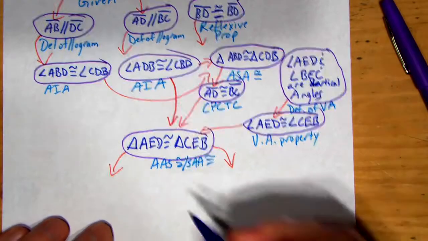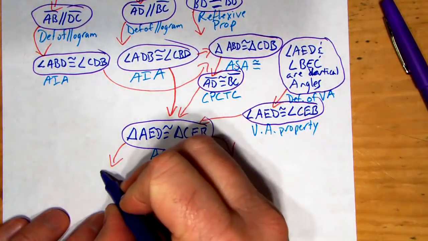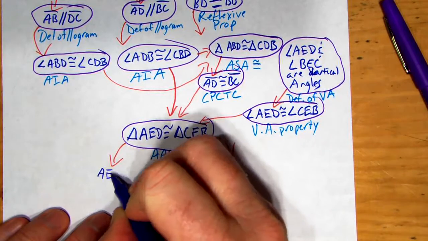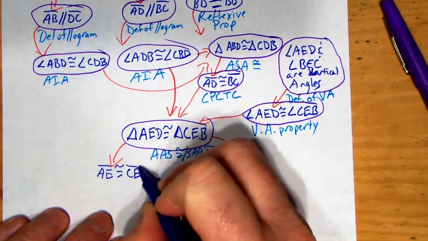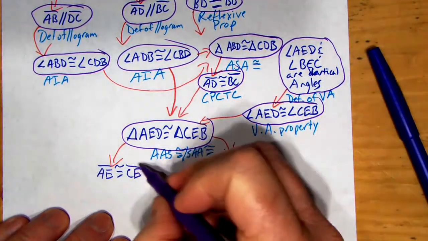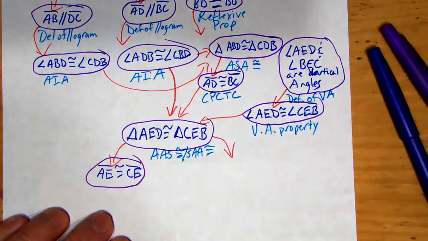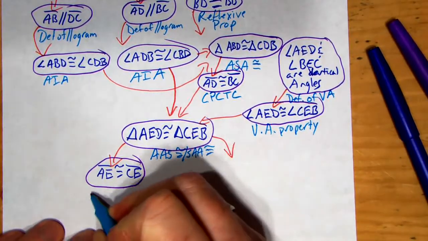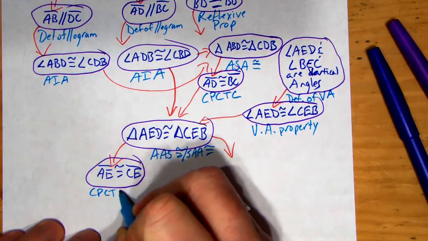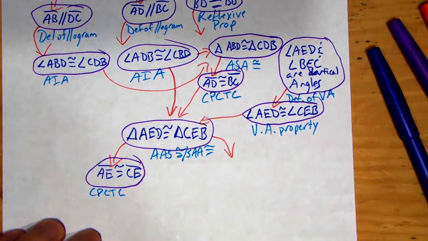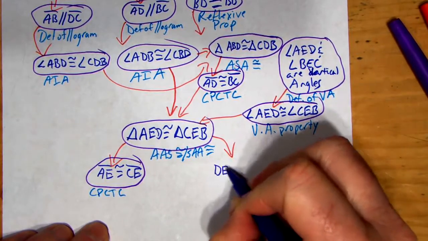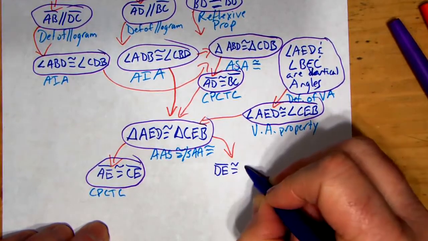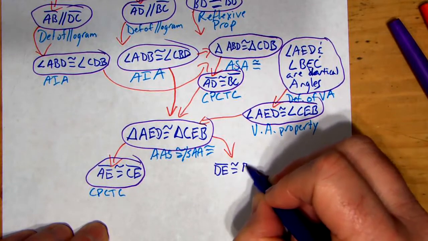So we say AE is congruent to CE. And the reasoning for that is that the corresponding parts of congruent triangles are congruent. And then we can also say that DE is congruent to BE.